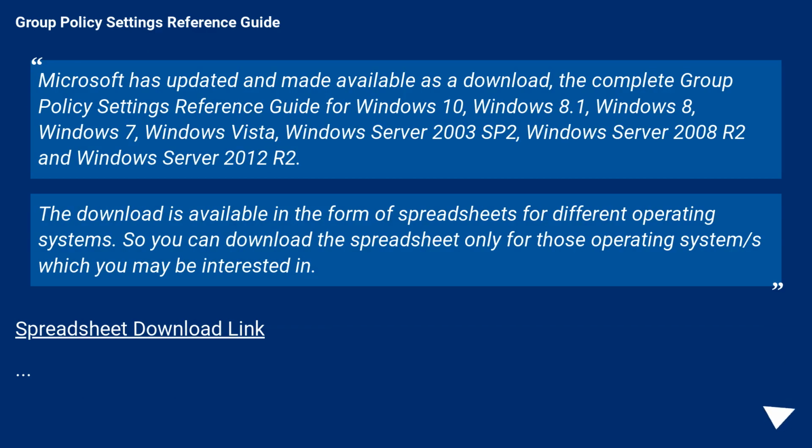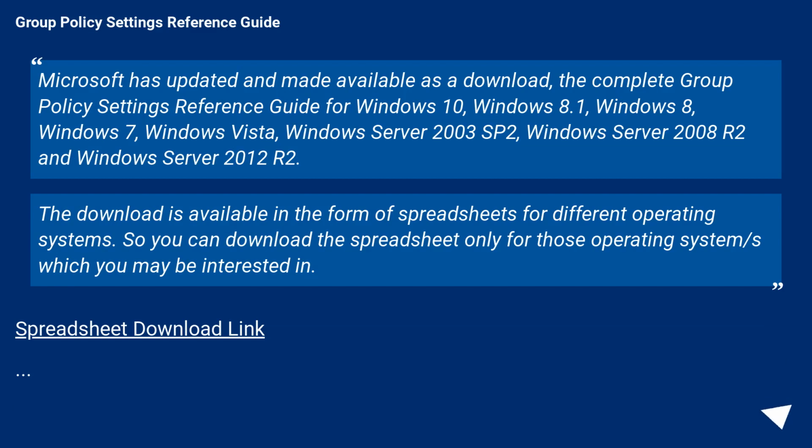Source: how to enable Group Policy Editor, gpedit.msc in Windows 7 Home Premium, Home Basic and Starter editions. Group Policy Settings Reference Guide.